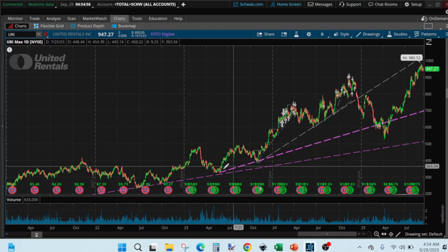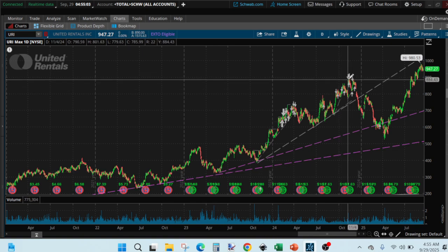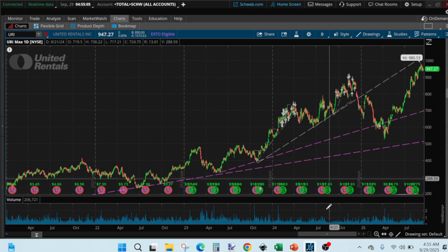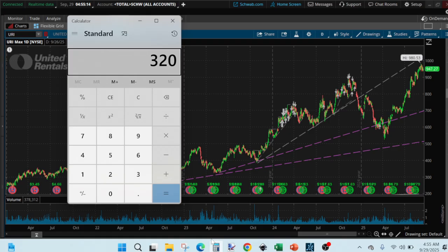The second option, the second strategy, maybe to confirm this one, will be to compare the price. If we compare it from this, the price was 320 here, and the last peak was like 884. So 320 and 884. Let's do 884 divided by 320.